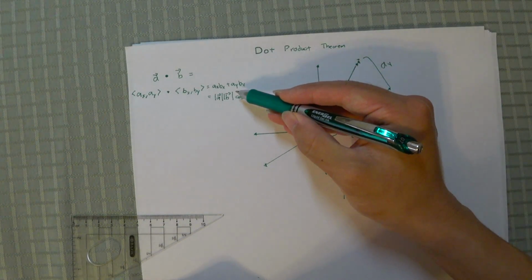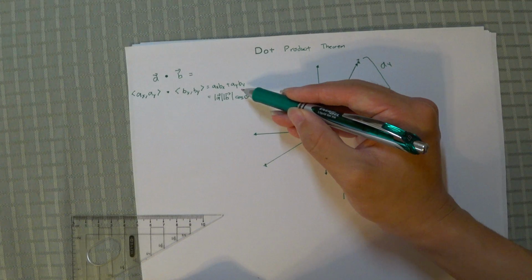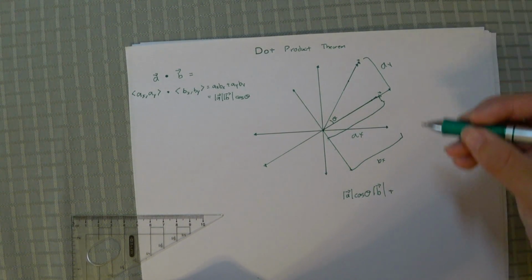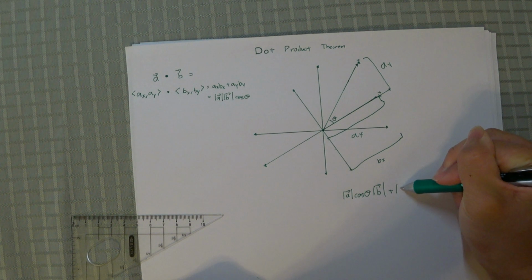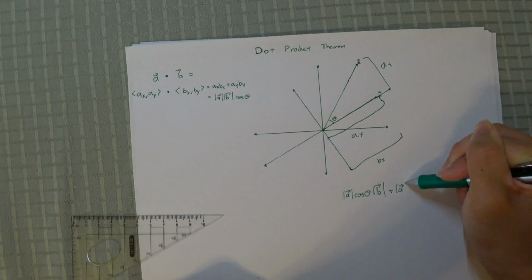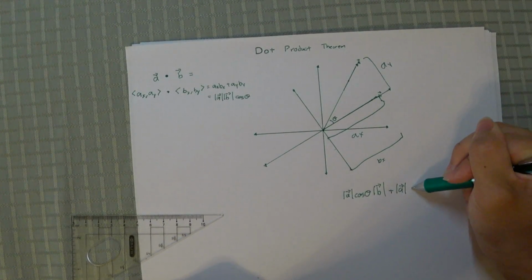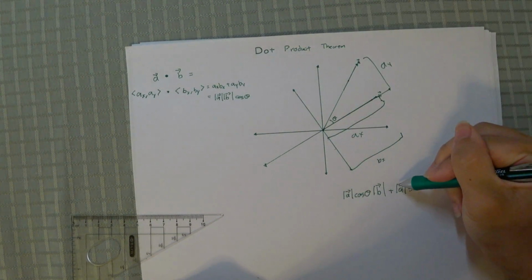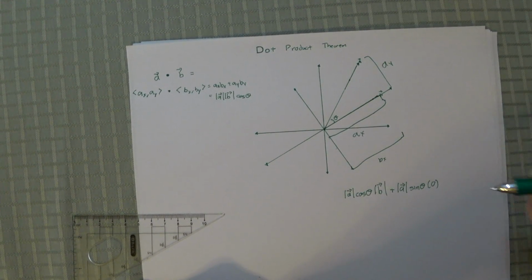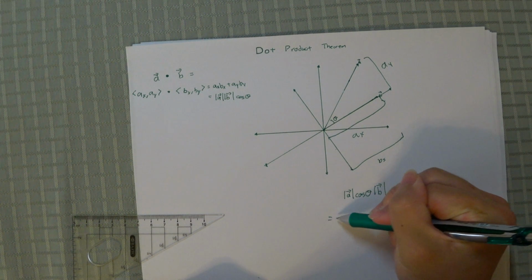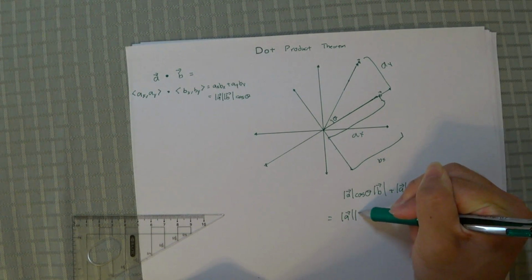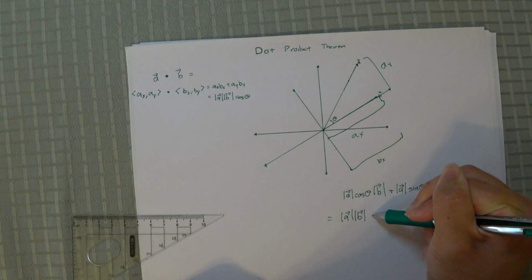And then we need to add AY and BY. So what is AY? Well, AY is the magnitude of vector A times sine theta. And then what's BY? BY is just 0. So you're multiplying by 0, so that just equals the magnitude of vector A times the magnitude of vector B times cosine theta.